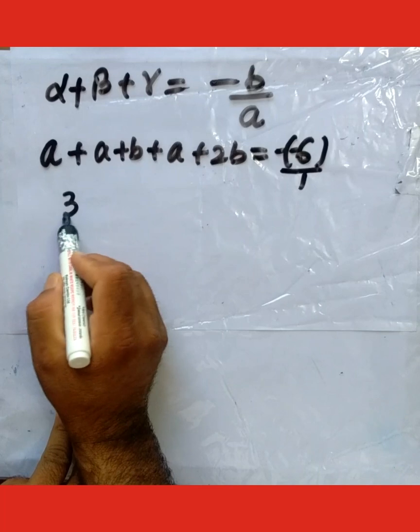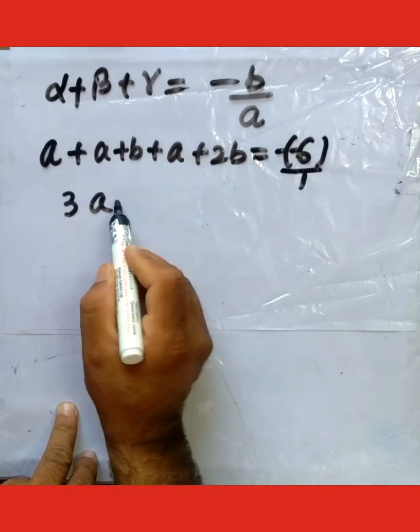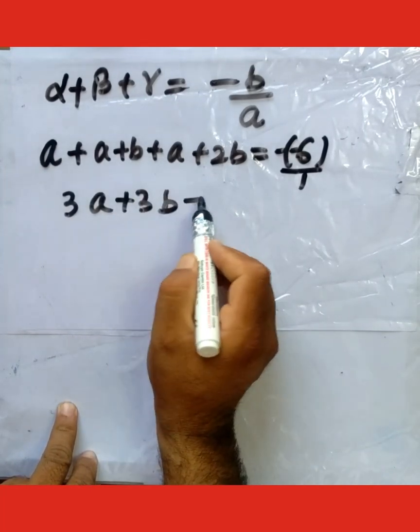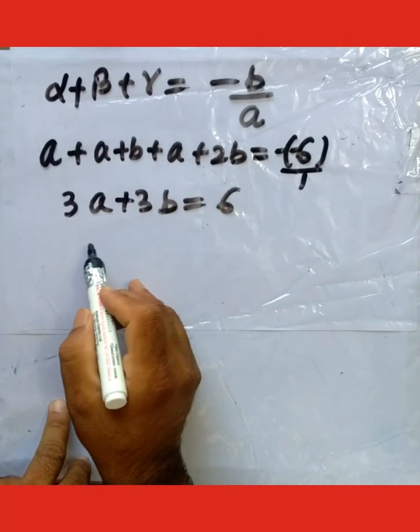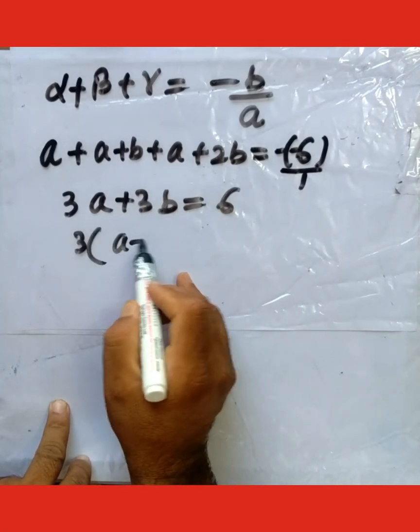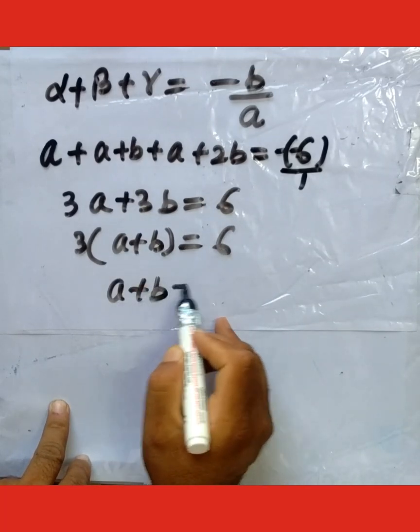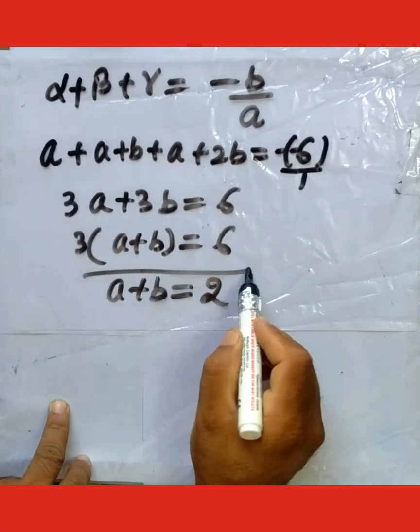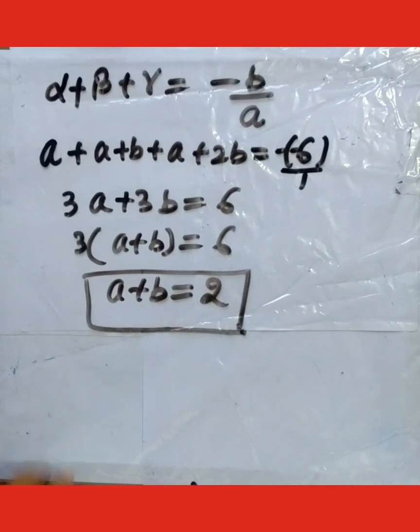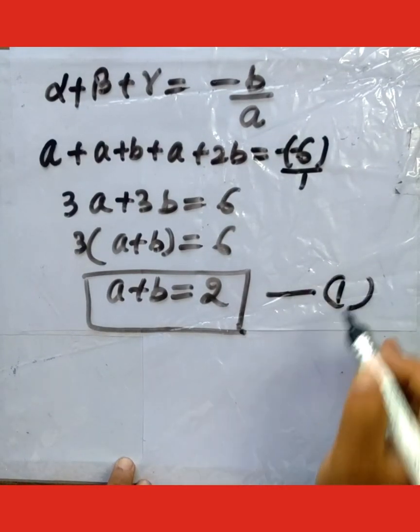So a plus a plus a, that is 3a, and b plus 2b, that is 3b, is equal to 6. Taking 3 as common, 3 times a plus b is equal to 6, so ultimately a plus b comes out to be 2. So we have generated the sum a plus b equal to 2.